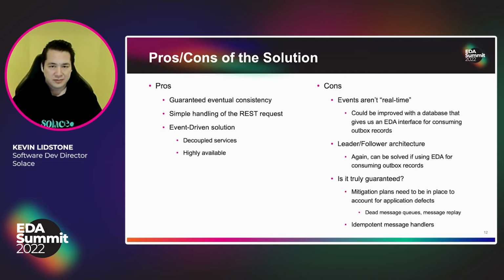In an ideal situation, maybe we would use a database that gives us an event-driven architecture. So when we write to the Outbox table, an event's fired back to our microservice, so it can then notify the broker in real time that there's a new record. But that's not something MySQL is able to do. So we went with the polling solution for now.